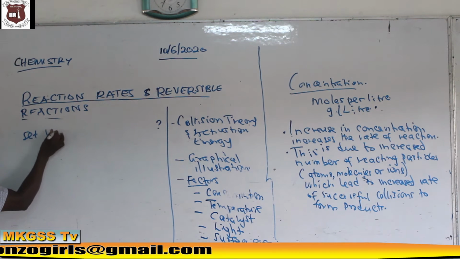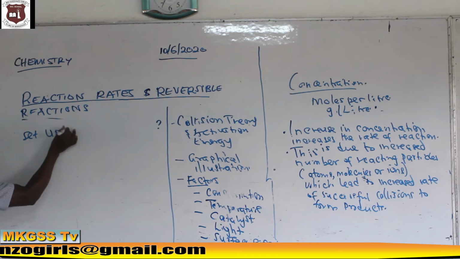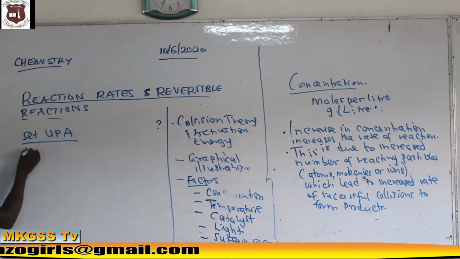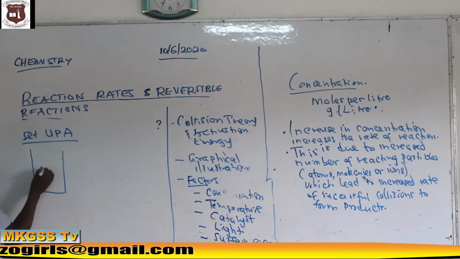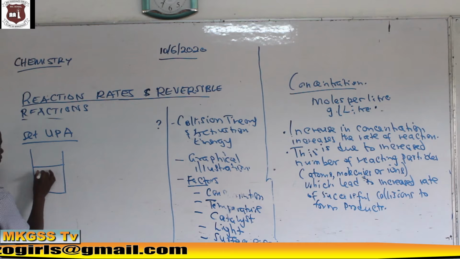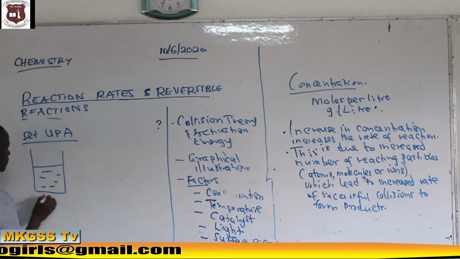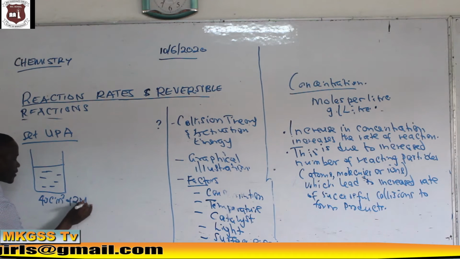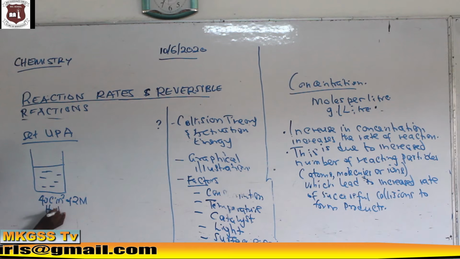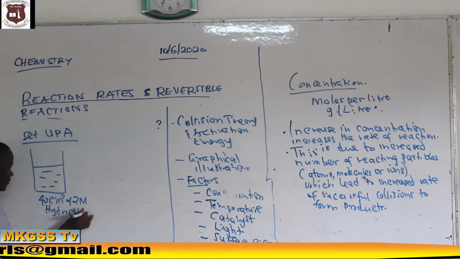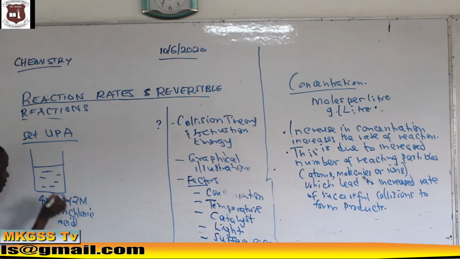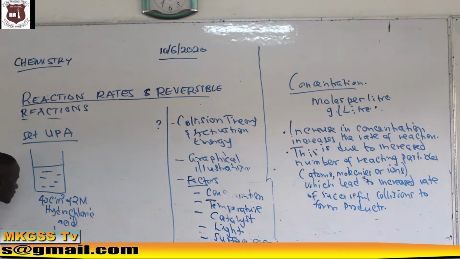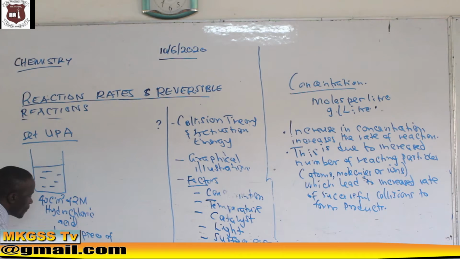Setup A, where you have a beaker containing 40 cubic centimeters of 2 molar hydrochloric acid plus a 2 centimeter piece of magnesium ribbon.